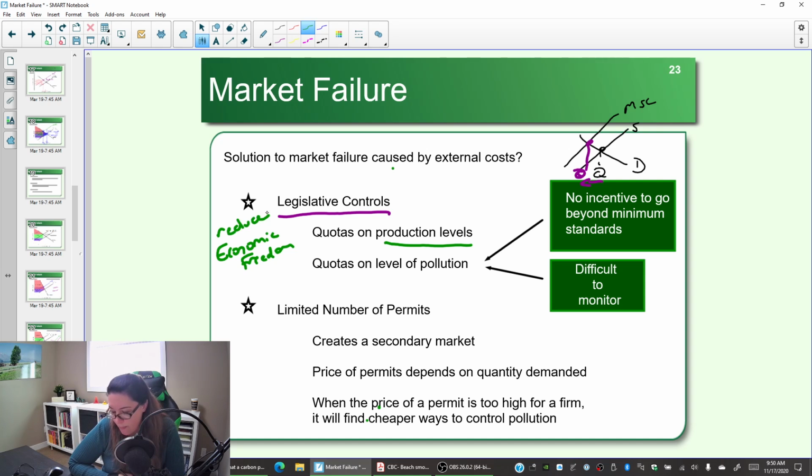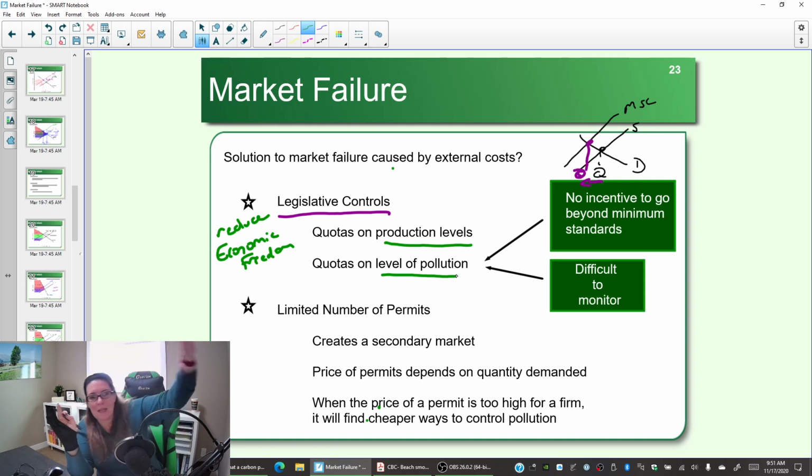So another option is to put a quota on the level of pollution. So we say to Nova, okay, you can produce as much as you want, but you're only allowed X amount of pollution. So what do we need? Well, we need to monitor the level of pollution coming from the company. Near Red Deer, we have Nova and we have Dow.